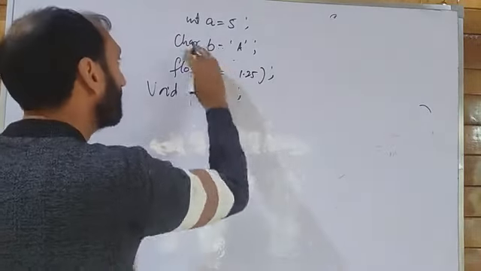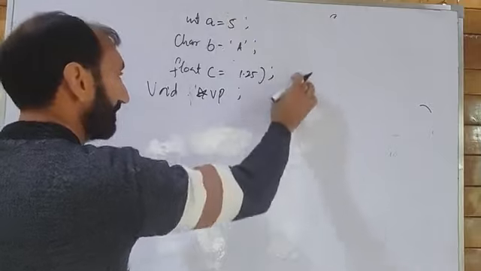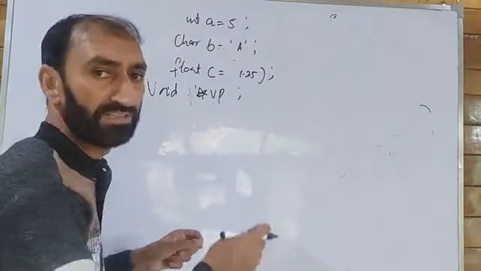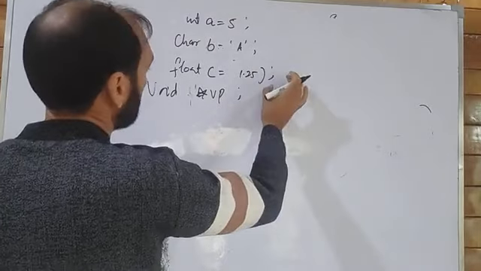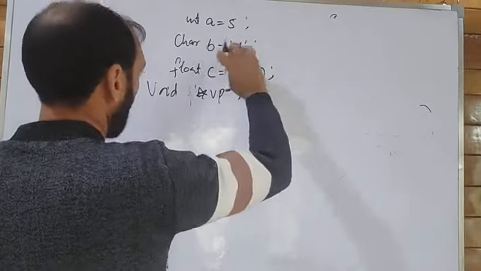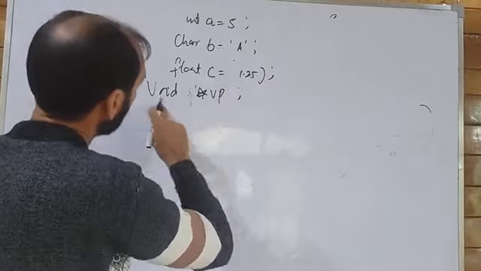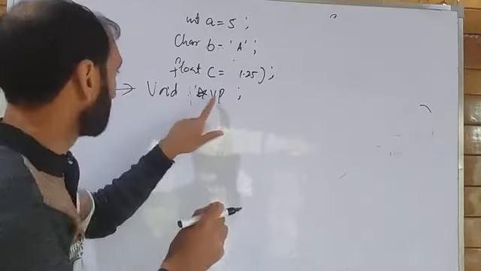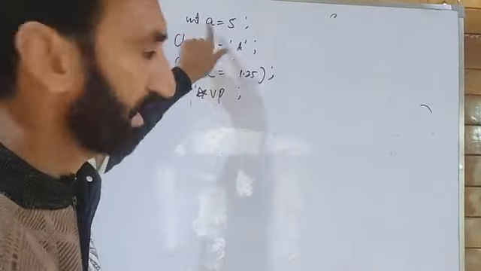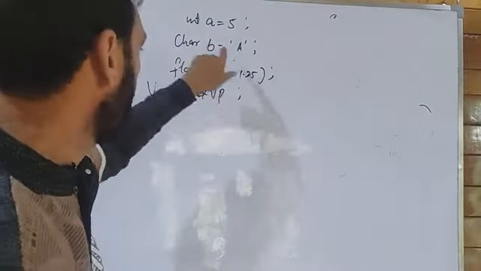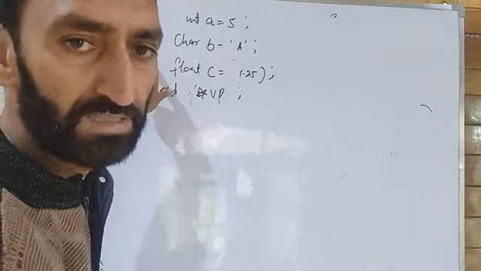So no need to declare and initialize separate pointers for int, char, and float. We can use only one pointer, the void pointer, to store the address of the integer, character, and float data types.